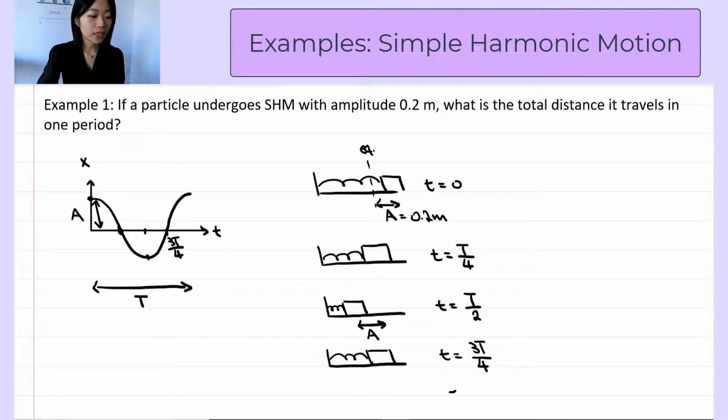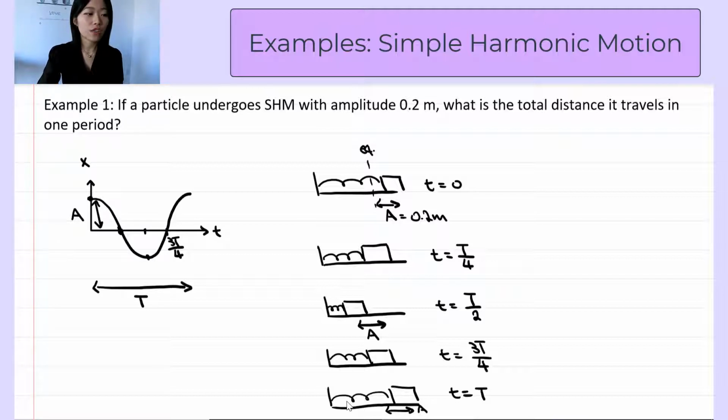And finally, when t equals to 1 period, the mass is at the same position as at t equals to 0. Here it has the maximum displacement, A.